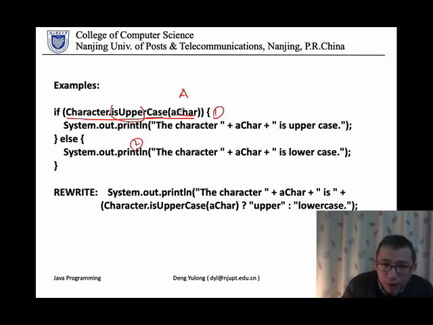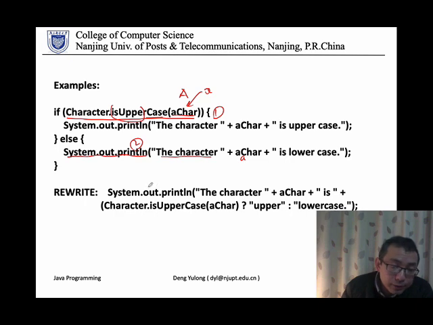If we pass the small 'a' as the parameter, isUpperCase returns false. So we enter the second block, execute the statement, and print out that the character a is lowercase. So it's a very simple example.